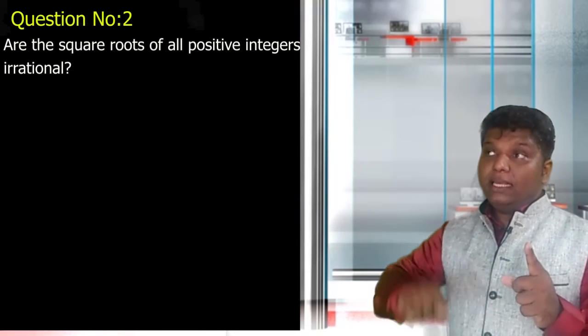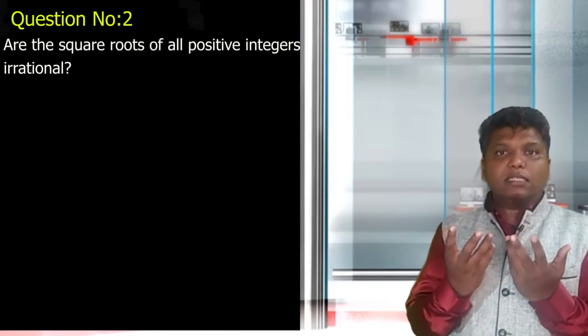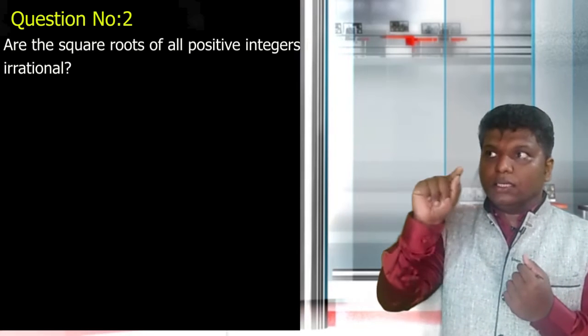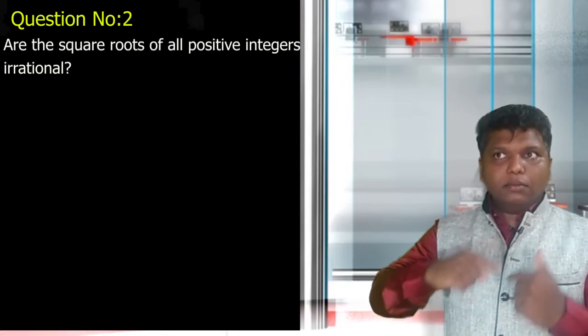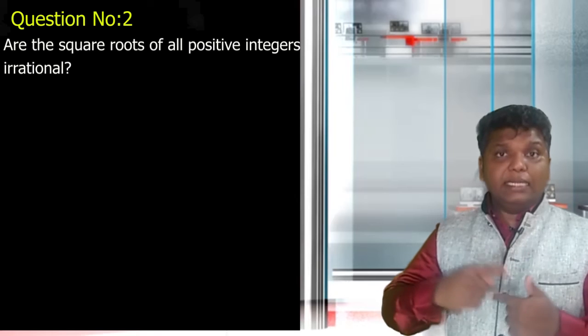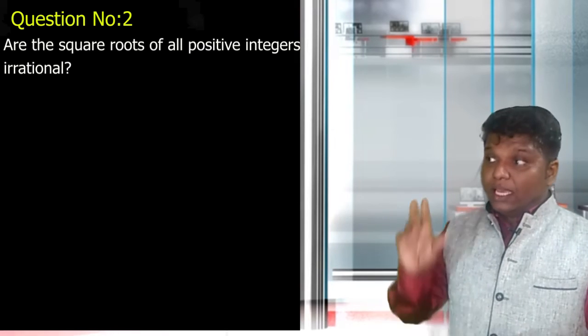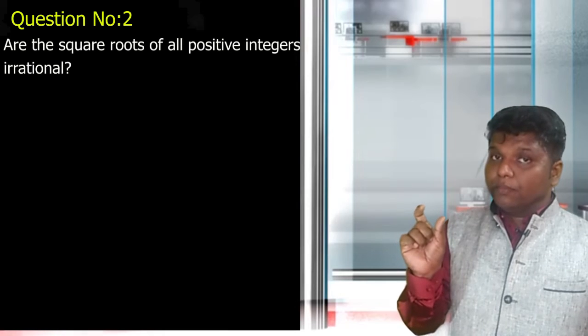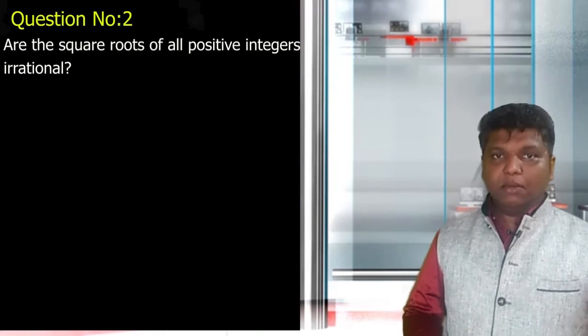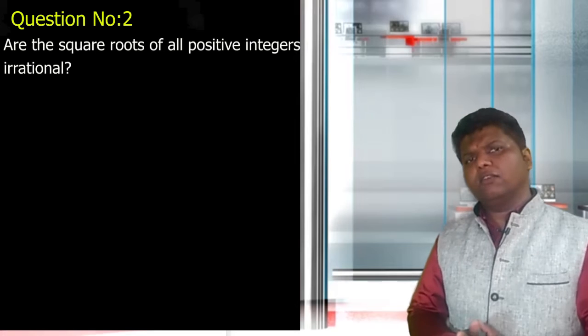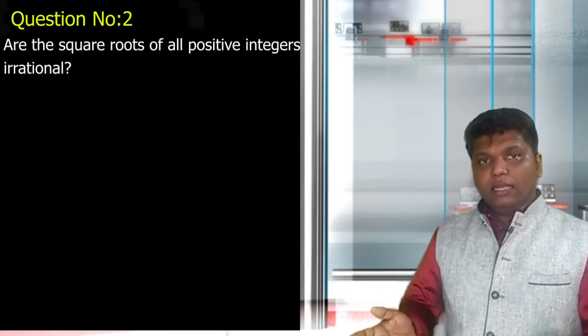Normally, I told you, whenever you are seeing a root, there is a probability that it becomes irrational. But under one case, if it is a perfect square number, it never becomes an irrational number. If it is not a perfect square number, definitely it will become an irrational number, right?